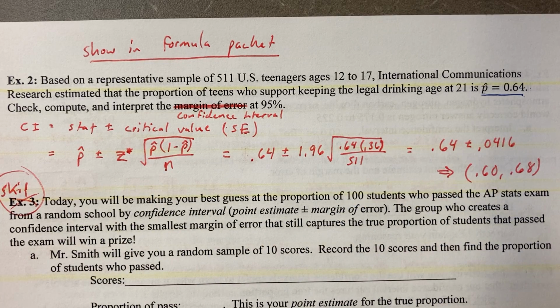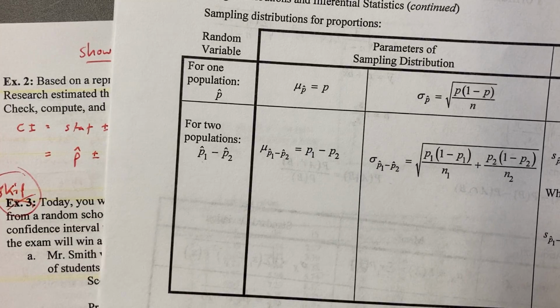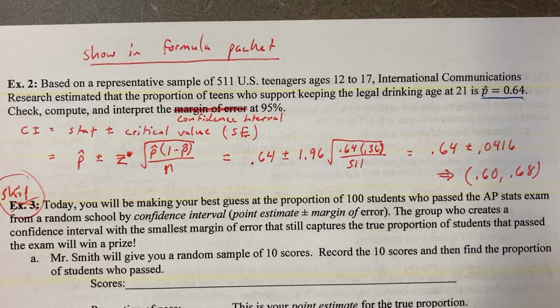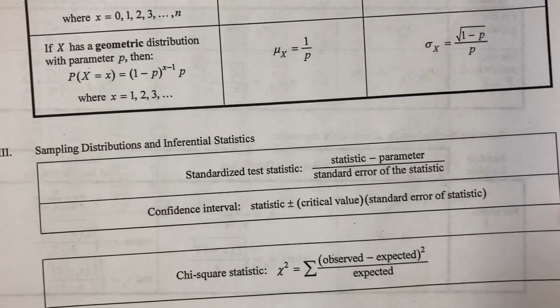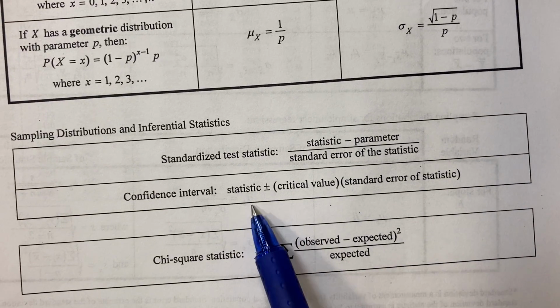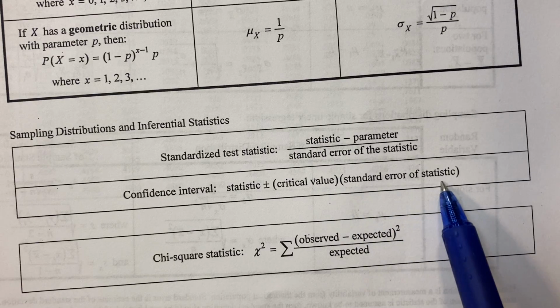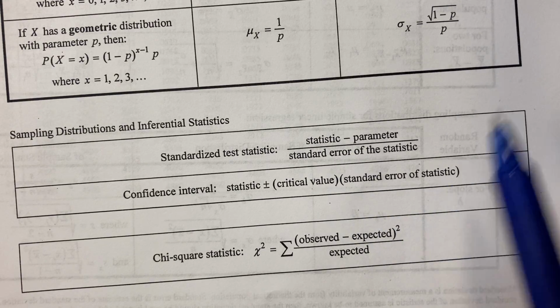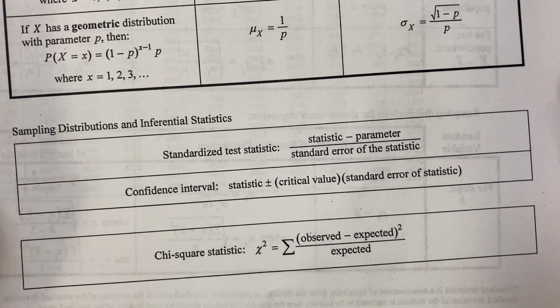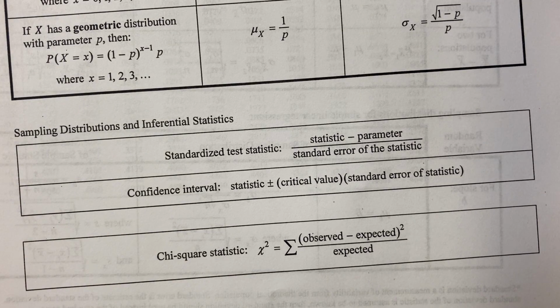Okay, so if you go into your formula packet, take a look. We do get a little info on a confidence interval. A confidence interval is a statistic plus or minus critical value times the standard error of the statistic. So for us, what we are estimating is a proportion.